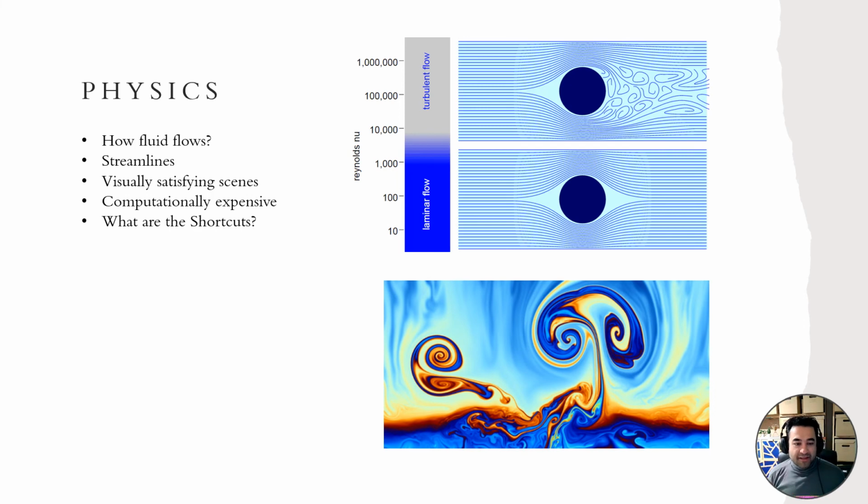So let's talk about the physics of the art that I'm going to talk about. We know how fluid flows. Based on the speed or velocity that the fluid has, we can create vortexes or complex shapes when fluid goes through and around different objects and obstacles.